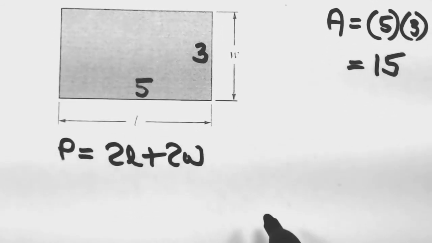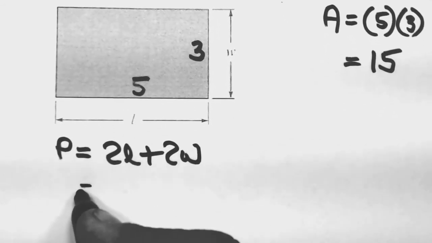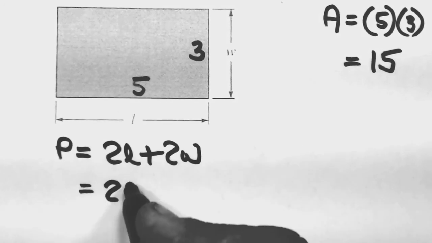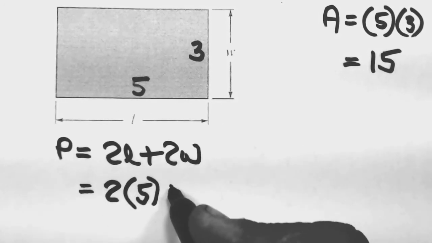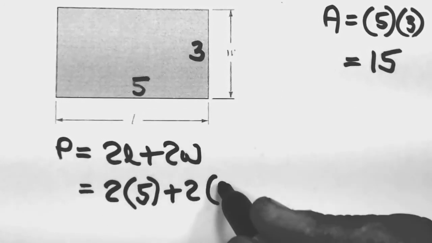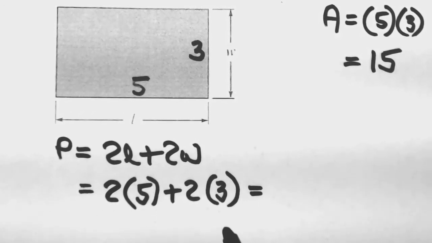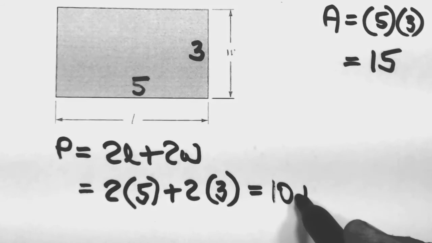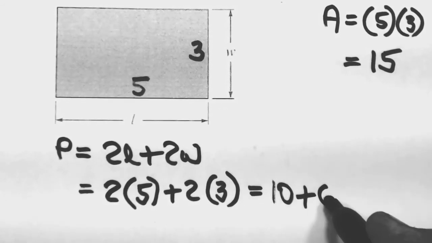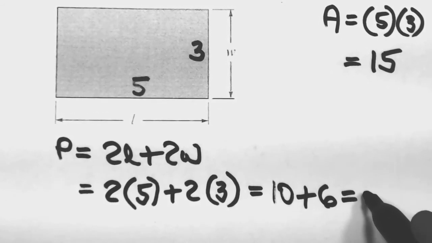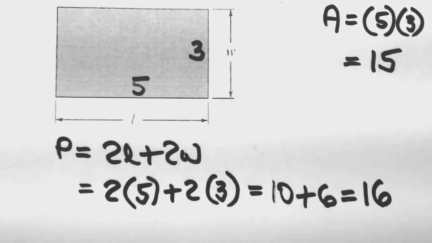And of course, in our case here, we're going to have 2 times the length being 5 plus 2 times the width being 3. Well, that's simply going to equal 2 times 5 is 10, plus 2 times 3 is 6, or the total perimeter going all the way around is 16. And again, in general, you'd have some kind of units for this.